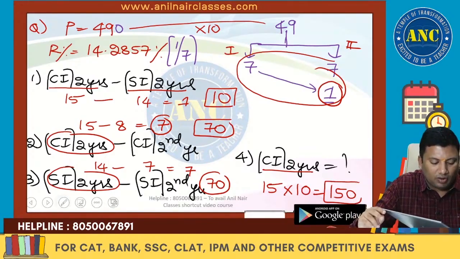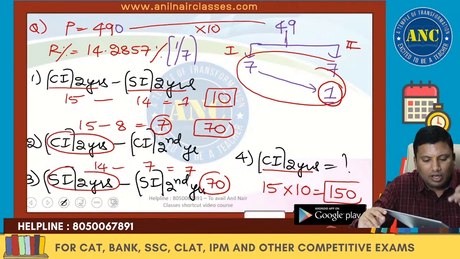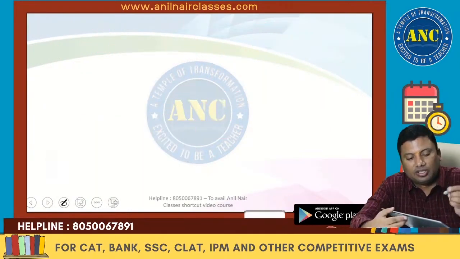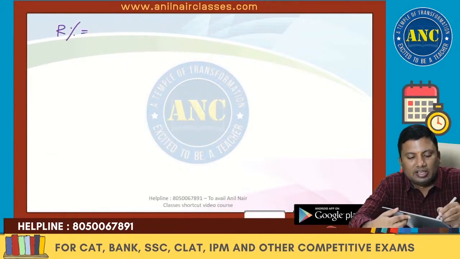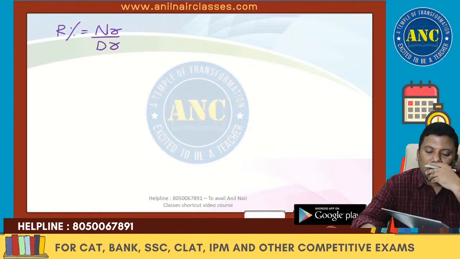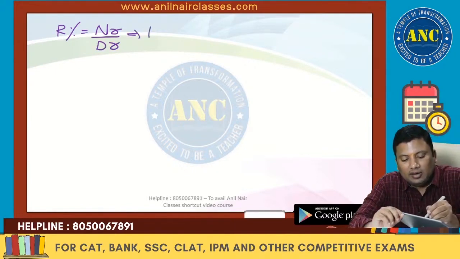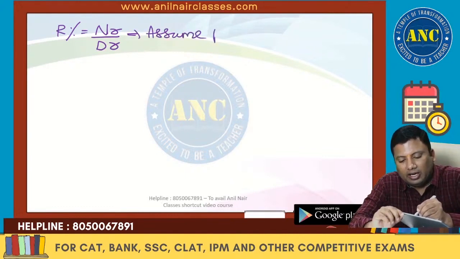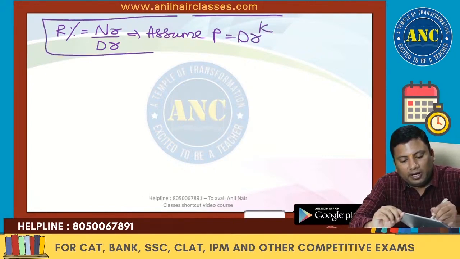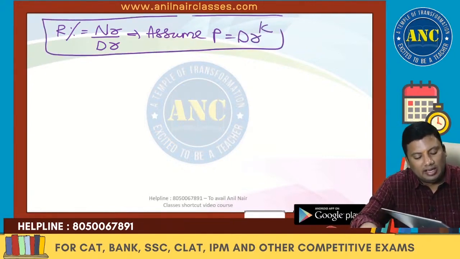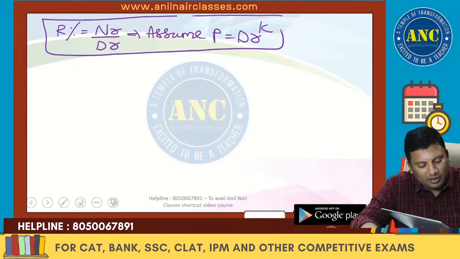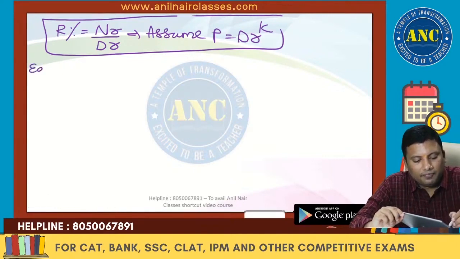Now, please write down one important observation. Now see here, R percentage is numerator by denominator. Assume principal is equivalent to denominator power k. Now listen carefully. For example, n equivalent to 2 years.